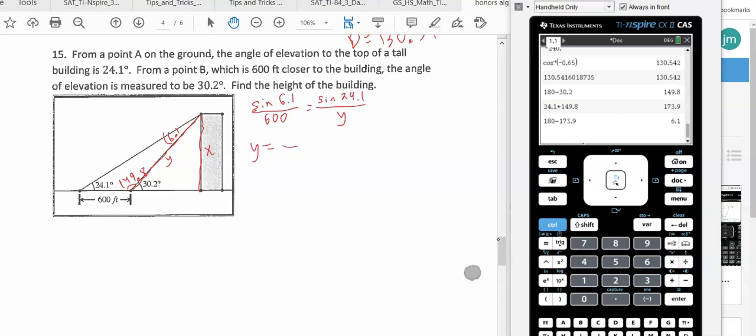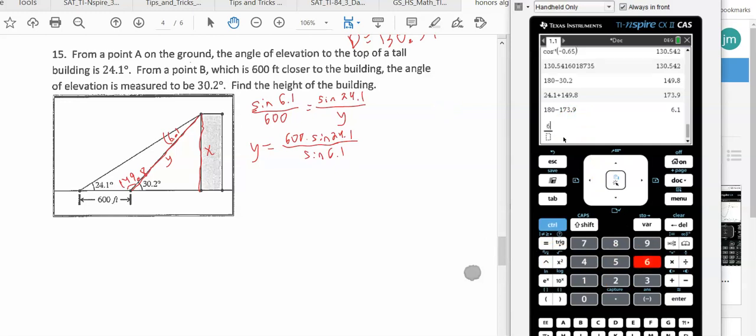So y is going to equal a big fraction here: 600 times sine 24.1 all divided by sine 6.1. Wow, this is pretty long. It's a pretty small angle there. Y equals 2305.